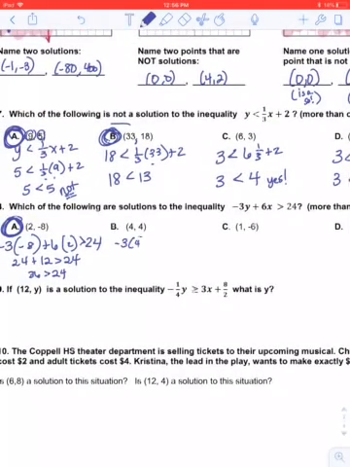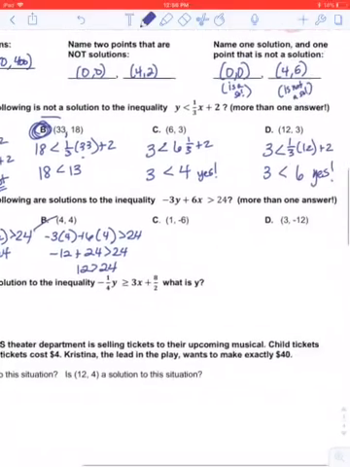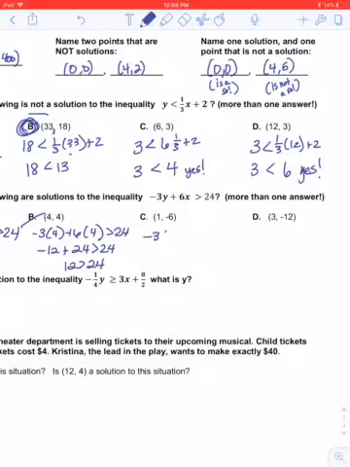B, same thing. -12 plus 24 is going to give me 12, which is not greater than 24, so B is not an answer. Still continuing on. So that would be 18 plus 6 greater than 24. That would give me 24 is greater than 24, which is not true.